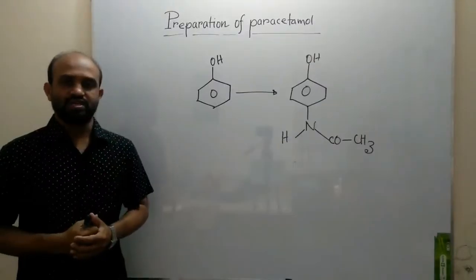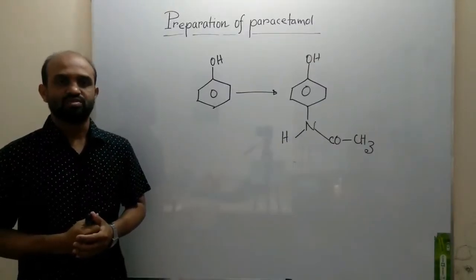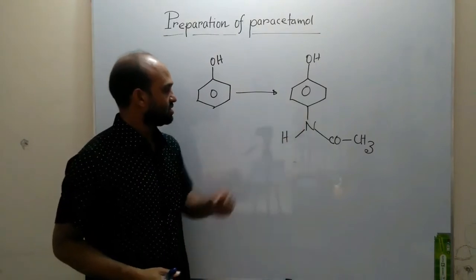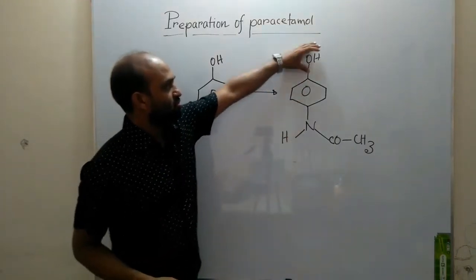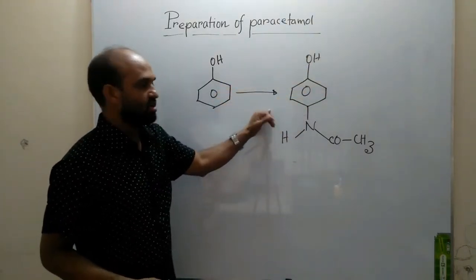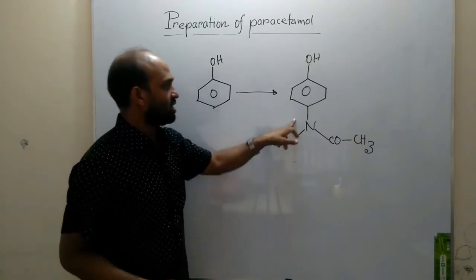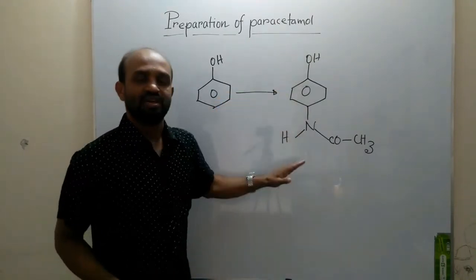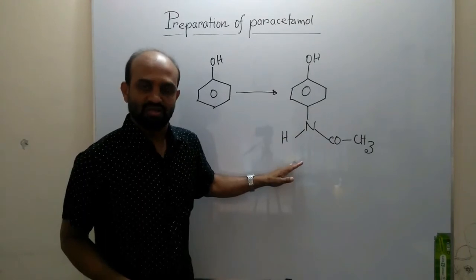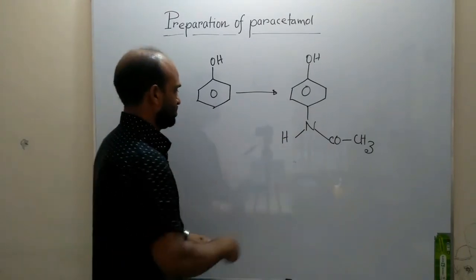We know the molecular formula of paracetamol is this, that is N4-hydroxyphenyl acetamide or N4-hydroxyphenyl ethanamide. Now let's write the name of this compound.